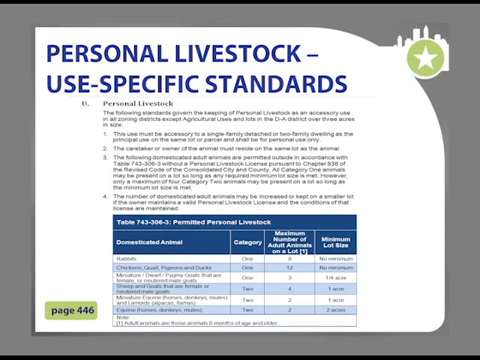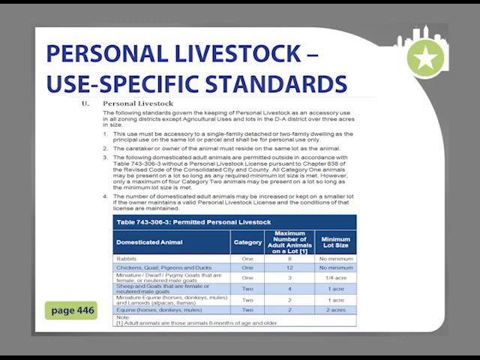We're saying the maximum number of adult animals allowed on a lot is 12, but there's no minimum lot size. This contrasts with, say, miniature equine, horses, donkeys, or mules, limited to two adult animals, and the minimum lot size is 1 acre.